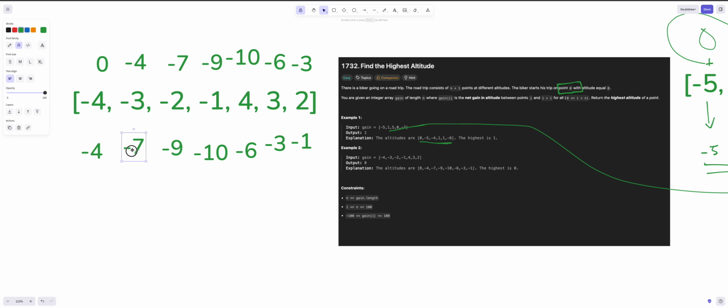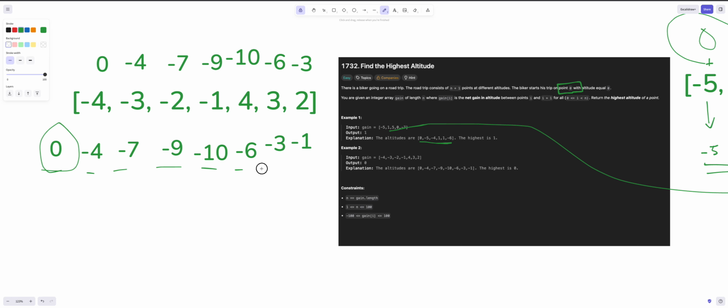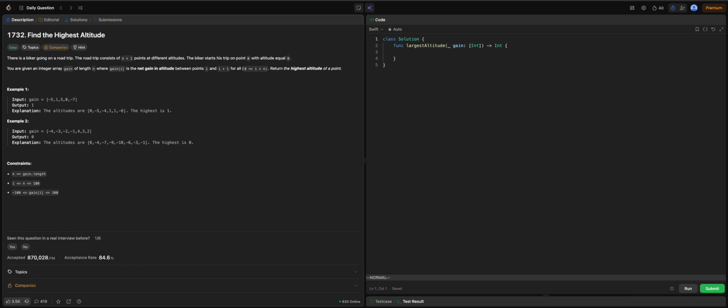So among these numbers, we need to give consideration to 0 in here. That makes 0 the highest altitude, because all the other values that we receive are negative. Alright, that is a simple iteration question.